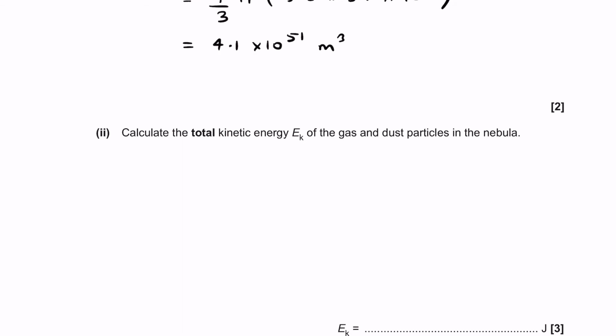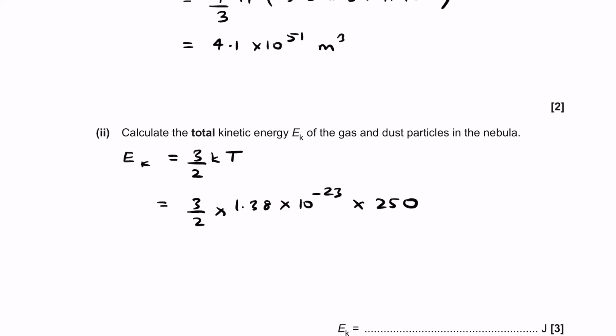So we know that kinetic energy, given that it's an ideal gas, is directly proportional to the temperature, and it's given by 3/2 kT. So that will be 3/2 times 1.38 times 10 to the minus 23 times the temperature, which is 250 kelvins.